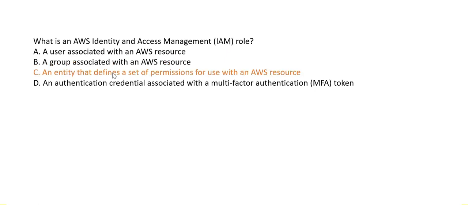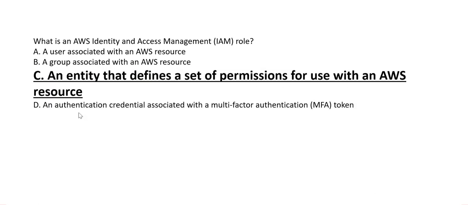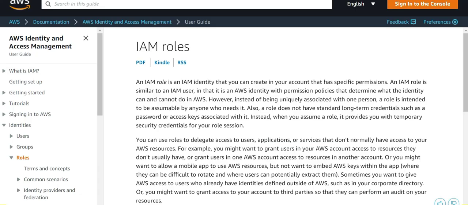C: an entity that defines a set of permissions for use with an AWS resource. Yes, this is the right answer. D states an authentication credential associated with an MFA token. No, this is not a credential associated with an MFA token. You can go through the IAM role documentation on the Amazon documentation websites.